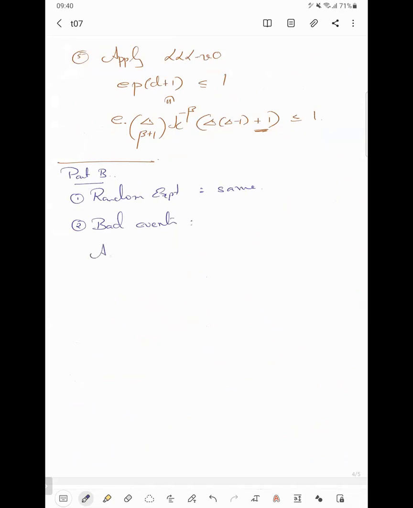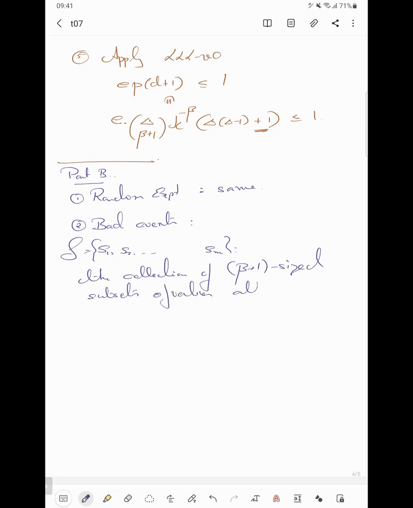I'll index it somehow, let me call them S1, S2, and so on up to SM, the collection of beta plus 1 sized subsets of vertices, all of which share a common neighbor.